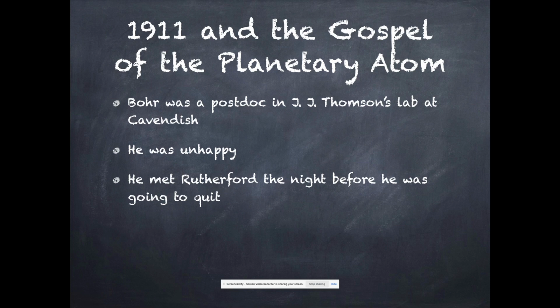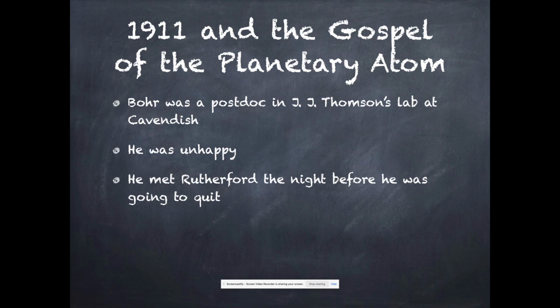Rutherford saw Bohr and screamed from across the room, "I know you. I saw you play football for the team from Denmark at the 1908 Olympics, which were in London." And Bohr kind of smiled and went over to him and said, "No, actually, it wasn't me. It was my older brother, Harold.